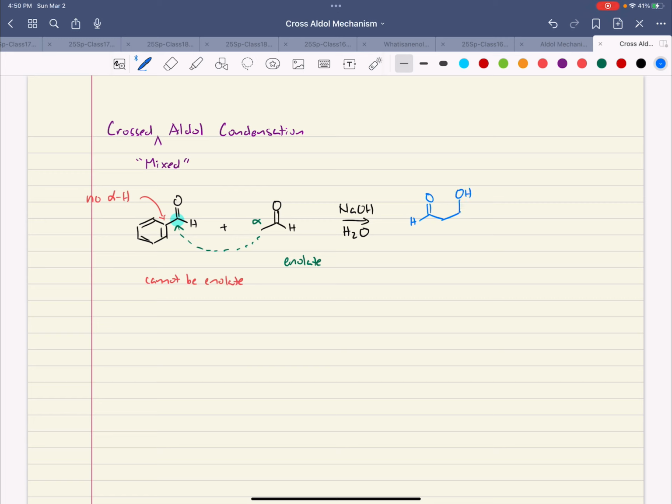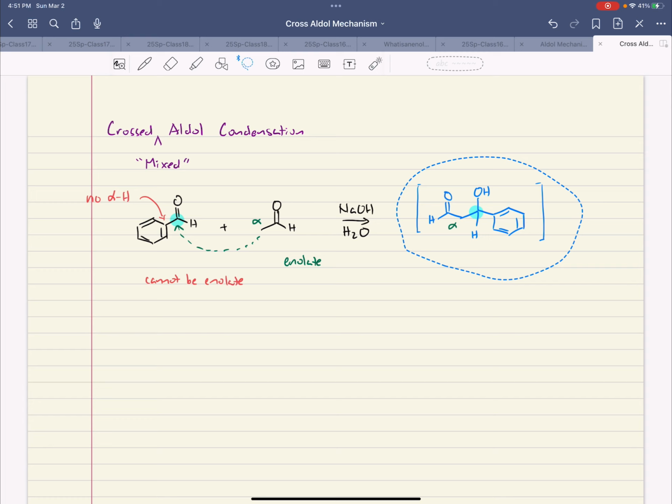Do you see where the alpha is? The alpha now is on the right, and we still have this hydrogen. You could draw it if you want, you don't have to. And we have this ring here. This is an intermediate. Do you see how the connection is between the alpha and the carbonyl carbon?